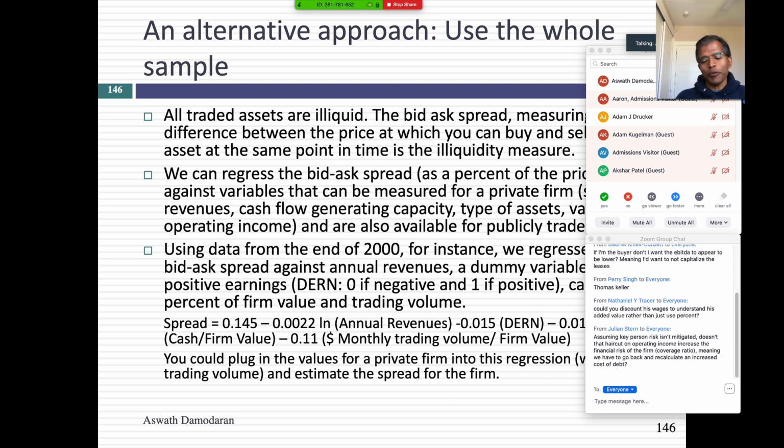It's like a discount for public companies. The logic is the bid-ask spread is the illiquidity discount for a public company. So I'm using the same logic, but the measure that I'm using is the actual bid-ask spread.